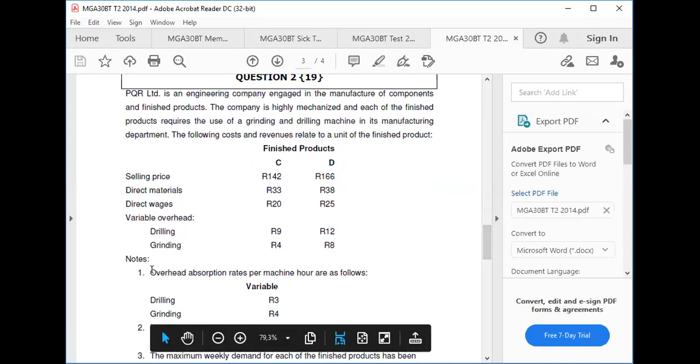Per machine hour is 3 rand. Okay, so the overhead absorbed rate per machine hour is 3 rand. How much will be the hours per unit? How much will it take to produce 1 unit of product C? How many drilling hours?